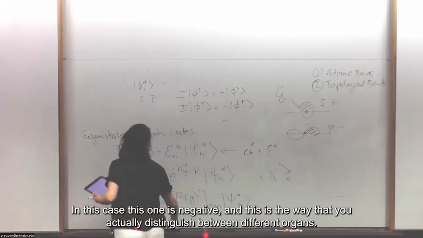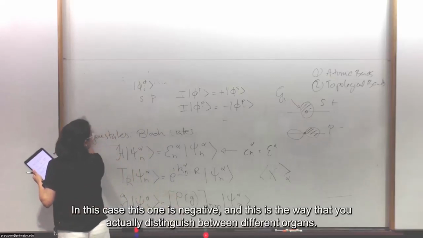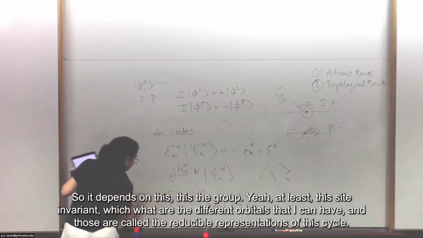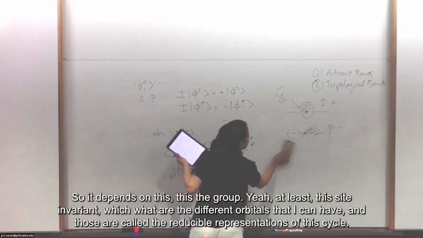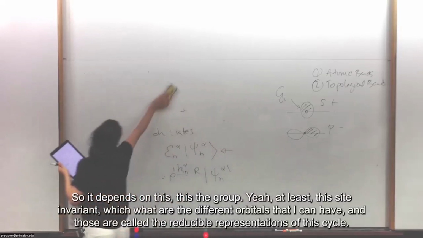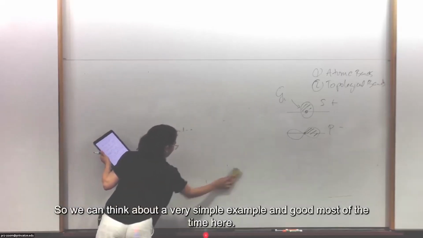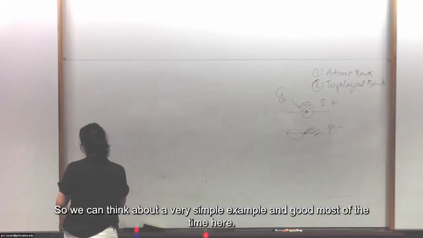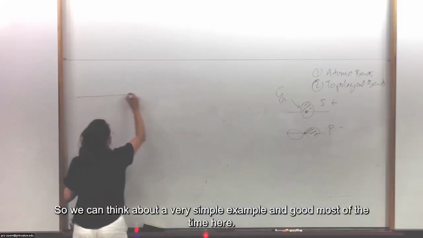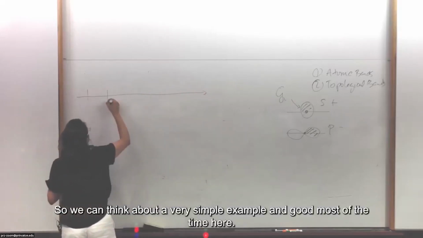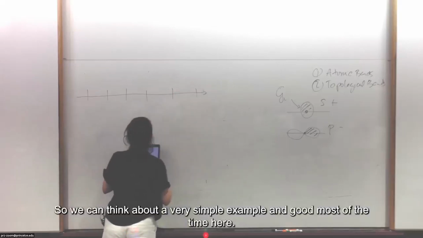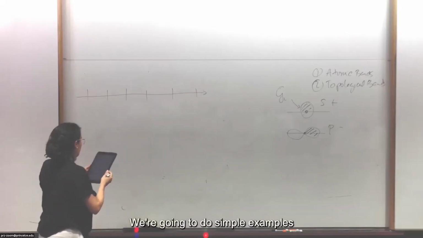So we can think about a very simple example, and most of the time here we're going to do simple examples. So imagine I do have a chain, unit cells, and I have reflection symmetry.